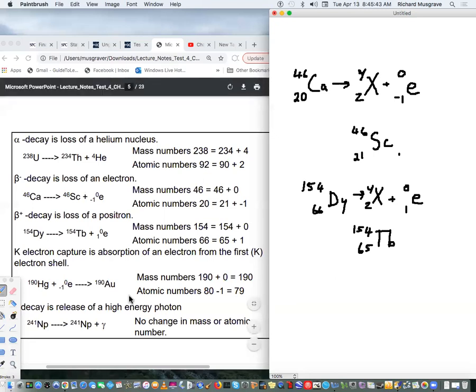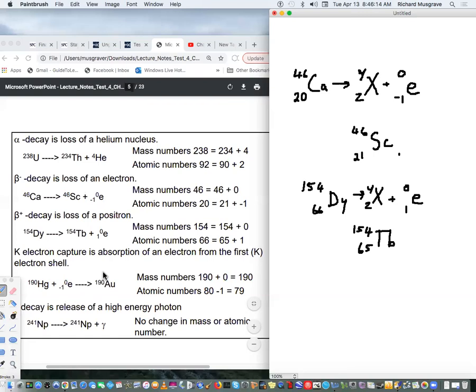The next one is called K electron capture, and K electron capture is something a little bit different. It's not actually the release of a particle, it's the absorption of a particle. K electron capture is actually the nucleus taking an electron from the very first energy level.